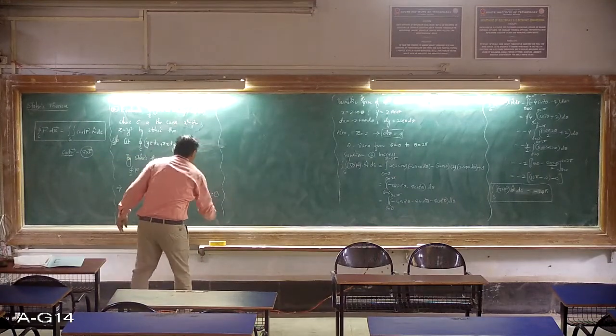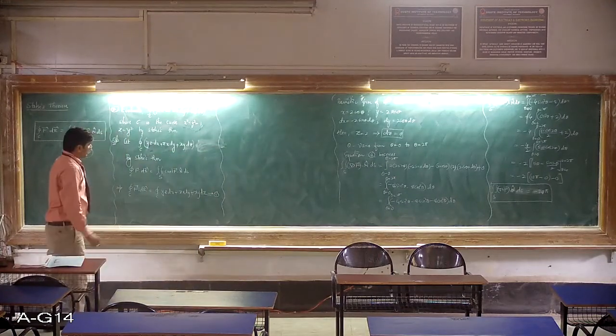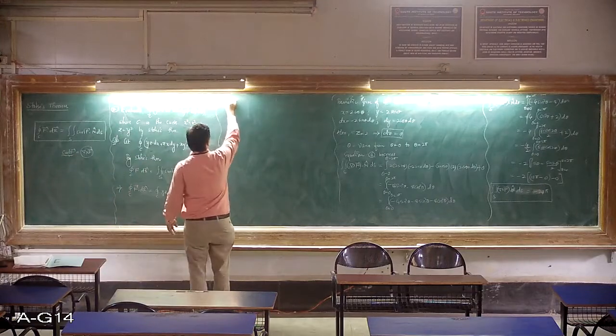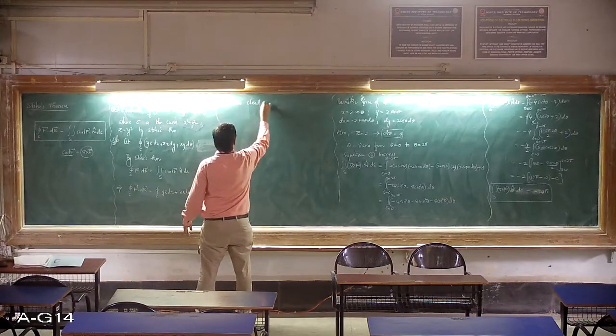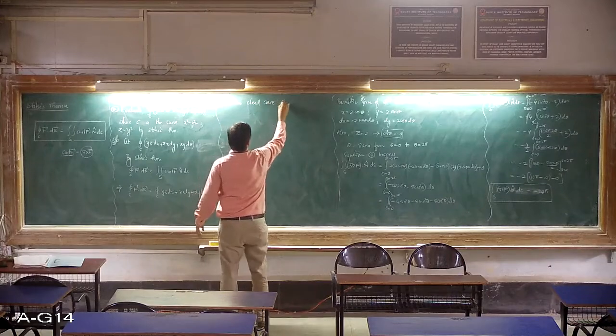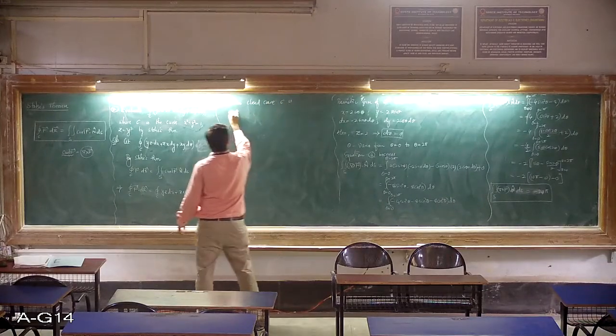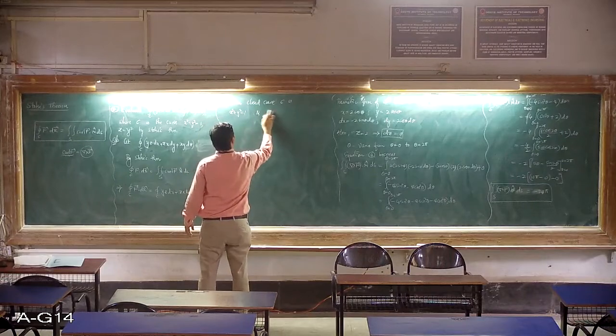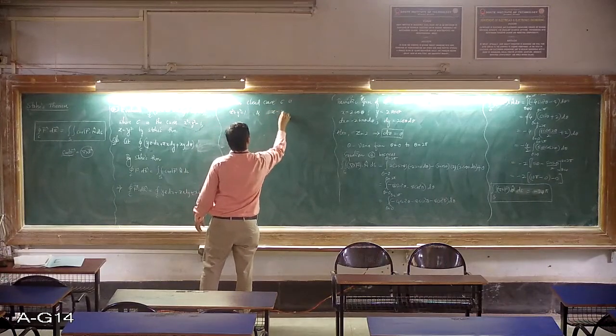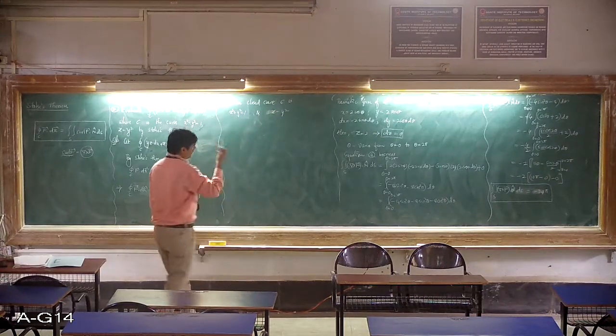So now, the given closed curve C is x square plus y square equals 1 and z equals y square. That they have given, so we'll write it.